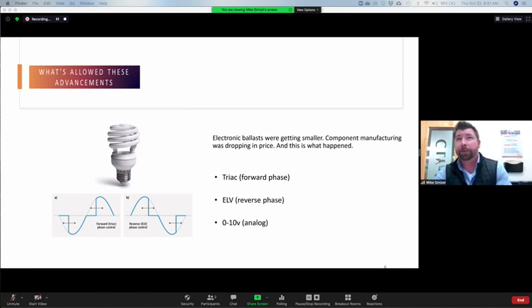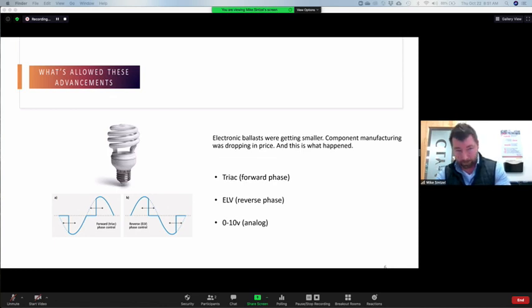Electronic ballast progression in major manufacturing had pushed resistor and capacitor development costs lower, allowing for more intrinsic resistor capacitor developments. And that gave rise to the compact fluorescent bulb, which probably you can still buy today. Having those capacitors smaller and resistors smaller allowed for that very design that you see on your screen right now.